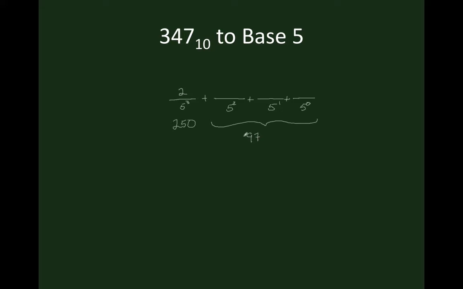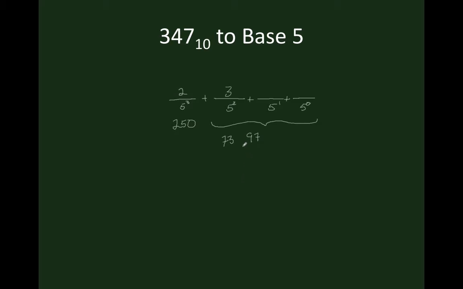So now how many 25s can I fit into 97? I'm counting by 25s. 25, 50, 75, 100. 100 would be too big. So that must mean I can put 3 25s into this number. So I'll put a 3 there.